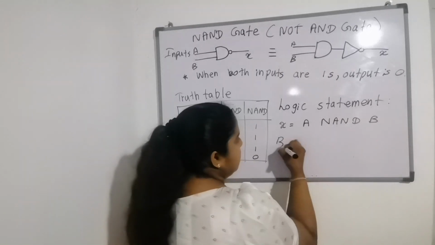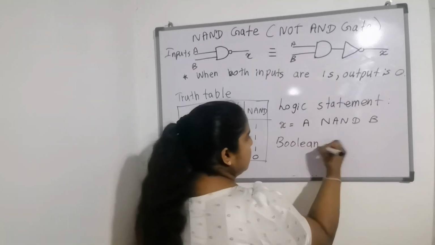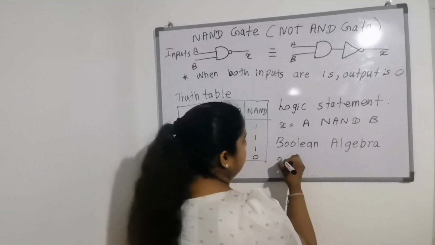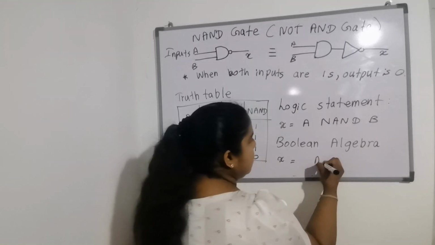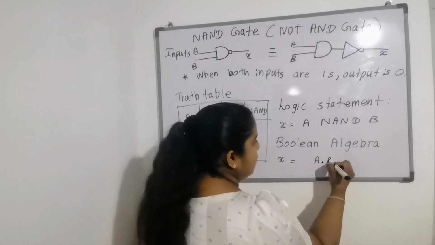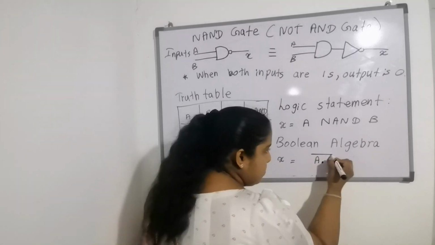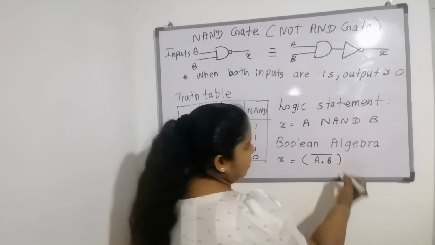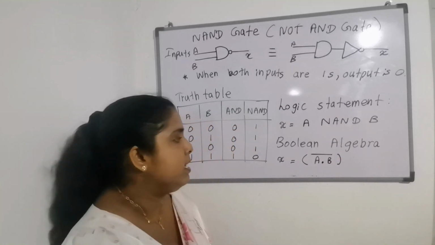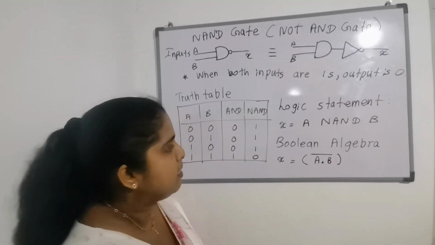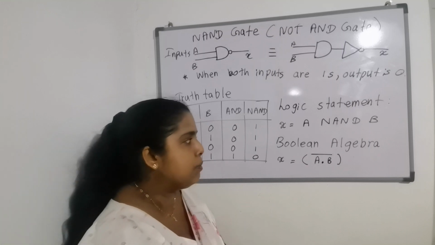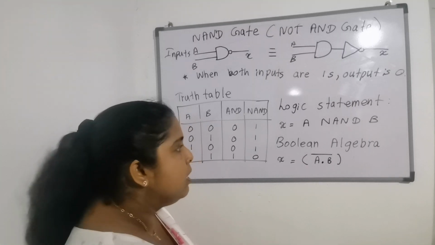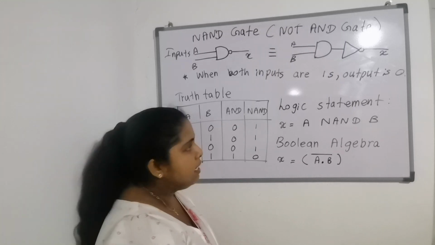Then Boolean algebra: X equals A and B, the whole statement inverted. Or else you can put a bracket also. This is how we write the logic statement and Boolean algebra for the NAND gate. So please remember these facts using the AND gate. Then it's very easy.